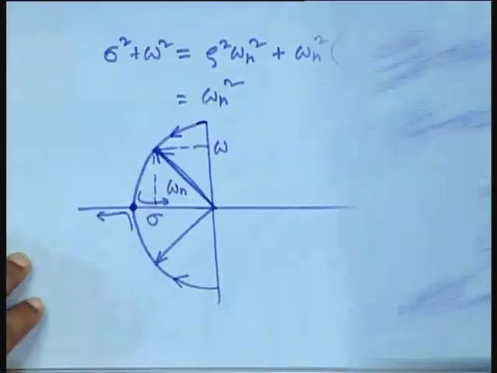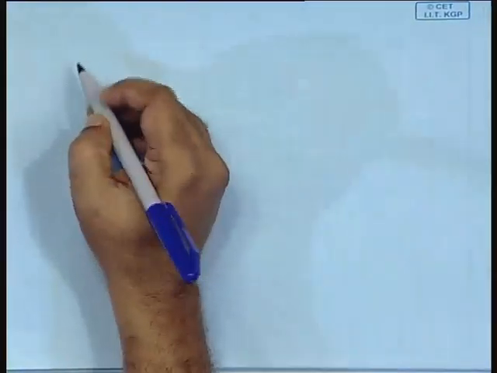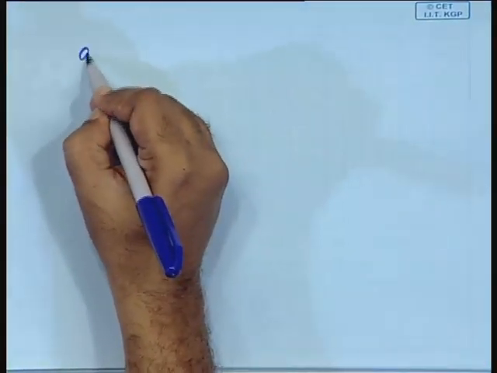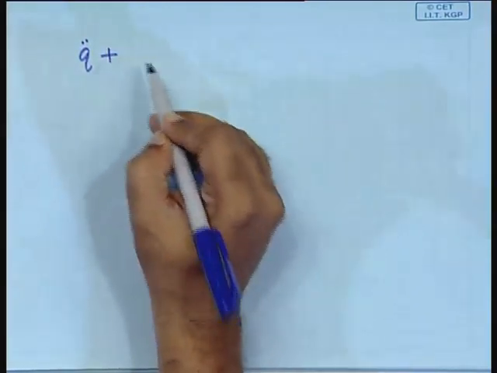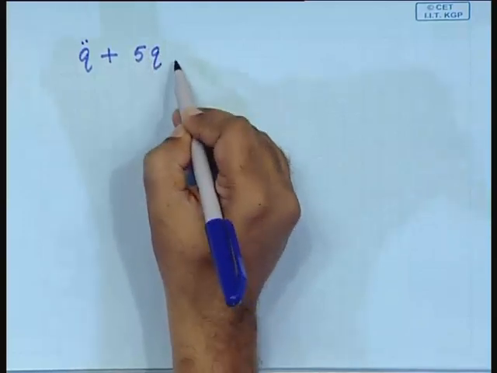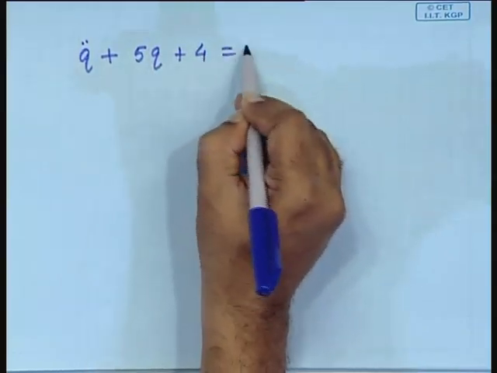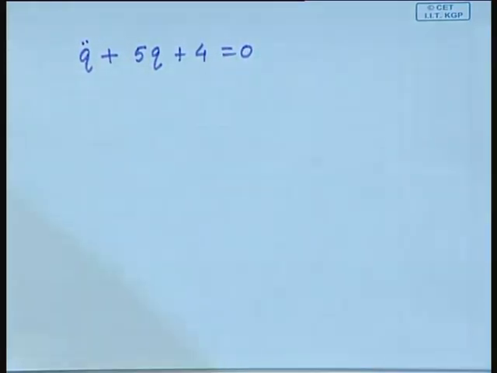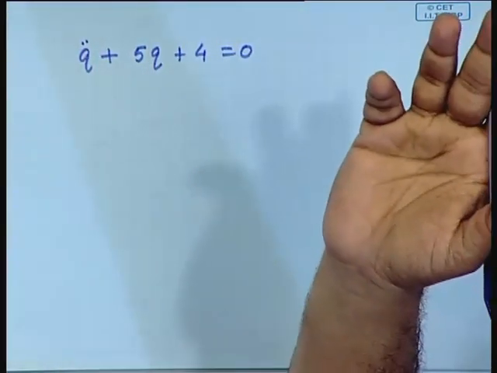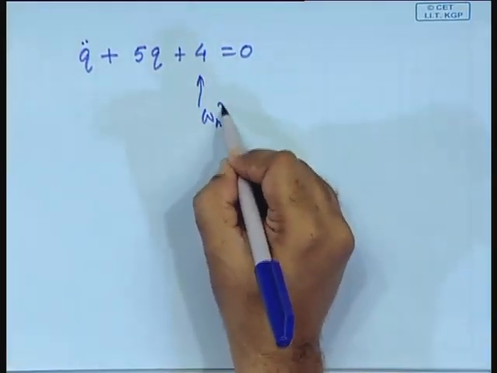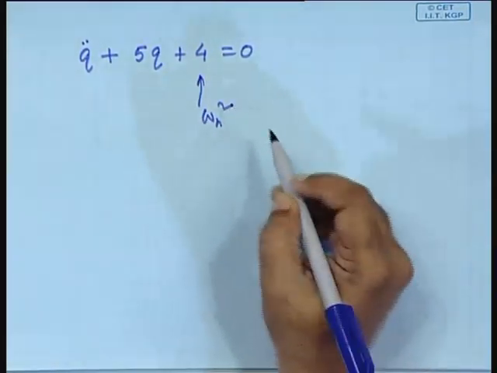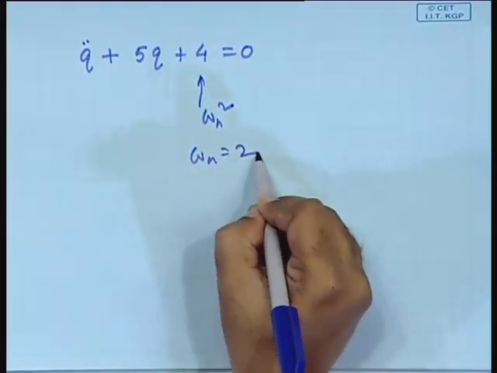Let us do some exercise. For example, if you have an equation like q double dot plus 5q plus 4 is equal to 0, what will be the behavior? Can you immediately tell? We will simply say this is the omega n square. So, omega n is equal to 2.